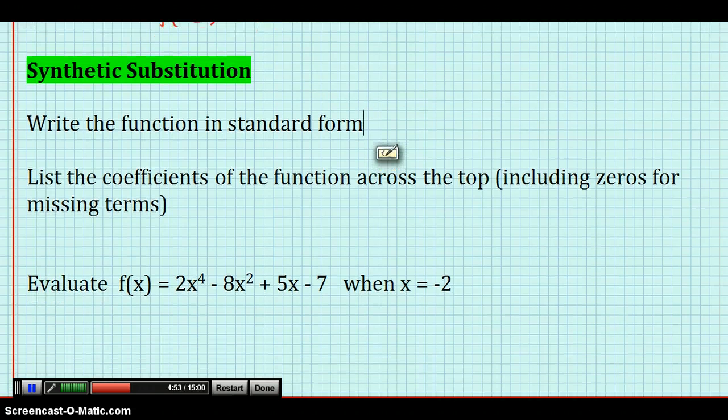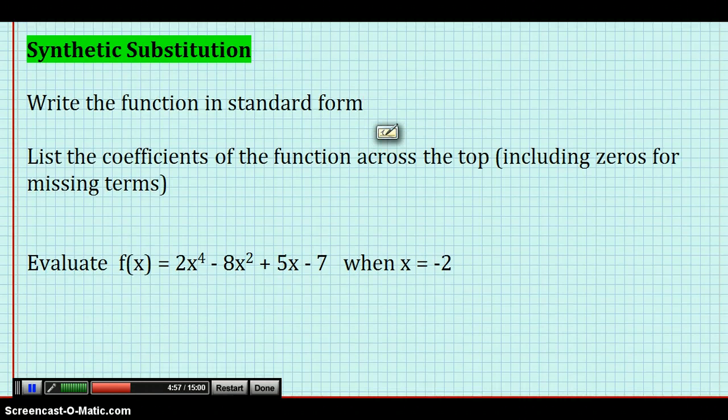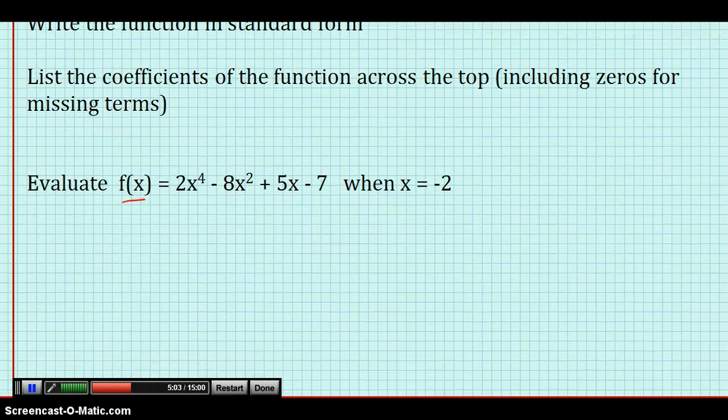The first step is to write the function in standard form, and we have our function down here. What you're going to do is list your coefficients, and you're going to put in zeros for the terms that are missing. So if we're using this function right here, you're just going to list your coefficients. So start out with your coefficient of 2.